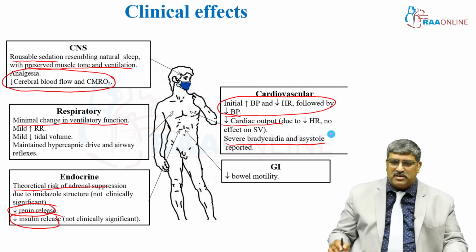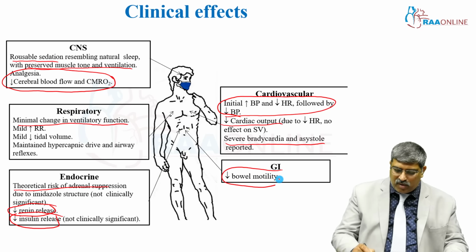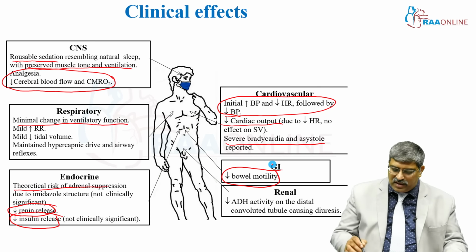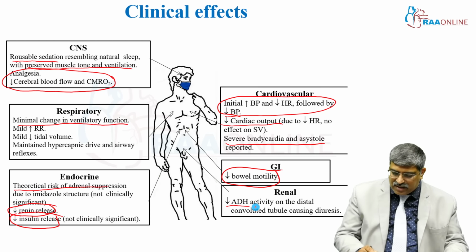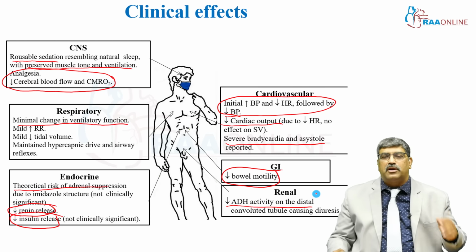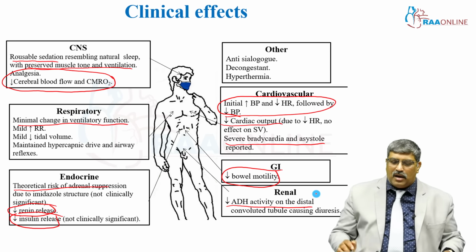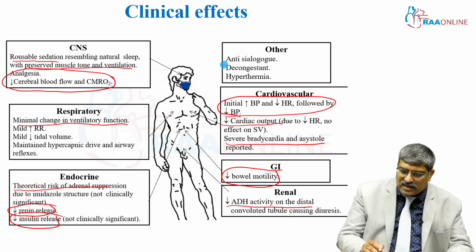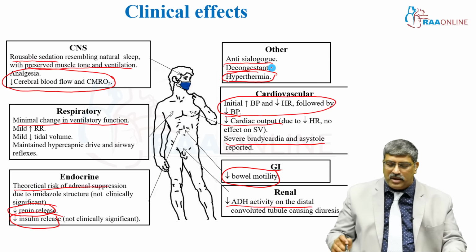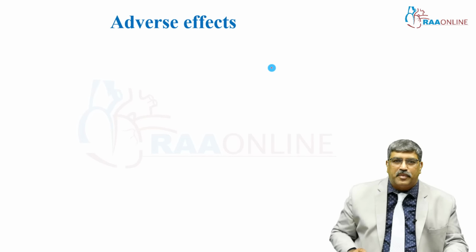With regard to gastrointestinal system, it decreases the bowel motility, and with renal, there is decreased antidiuretic activity on the distal convoluted tubule, causing diuresis. These are all the systemic effects of dexmedetomidine. Other effects include, it is an antisialagogue, decongestant, and one more important side effect of dexmedetomidine is hyperthermia.